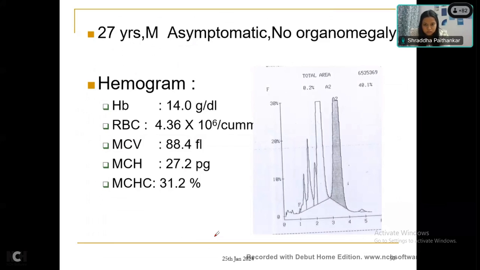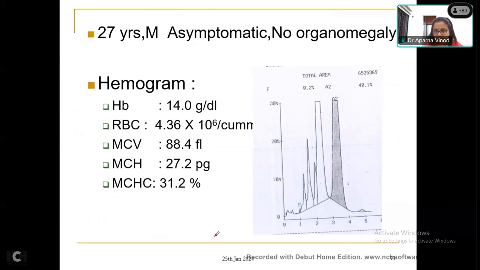So I think, Dr. Aparna, can you tell me what is the most common majority answer? The majority answer is HbD Iran. Then some have HbE, HbD trait. These are the answers.